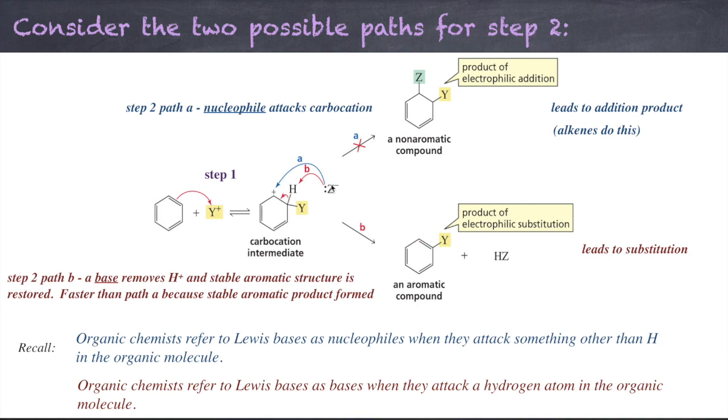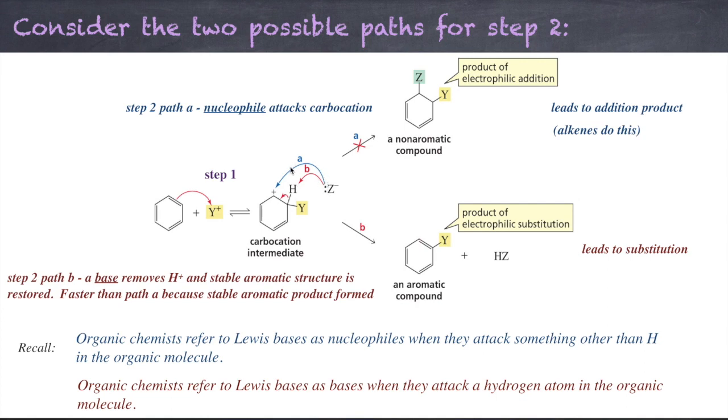This species here, with its lone pair of electrons, can act as a base. Now, if it reaches out to hydrogen, that is a Bronsted-Lowry base. And as you recall, organic chemists would call that a base.